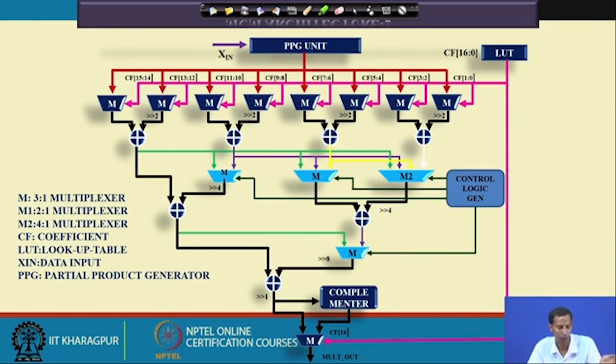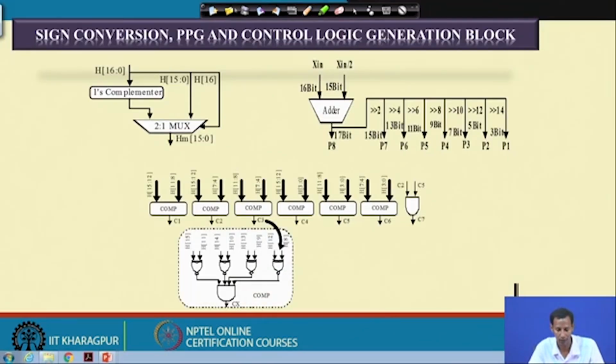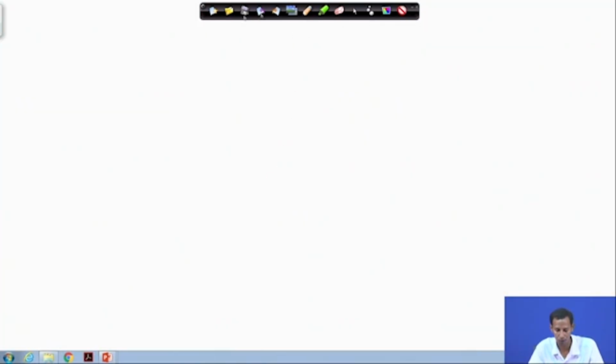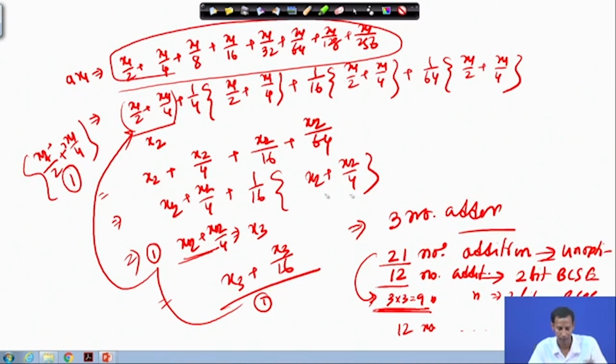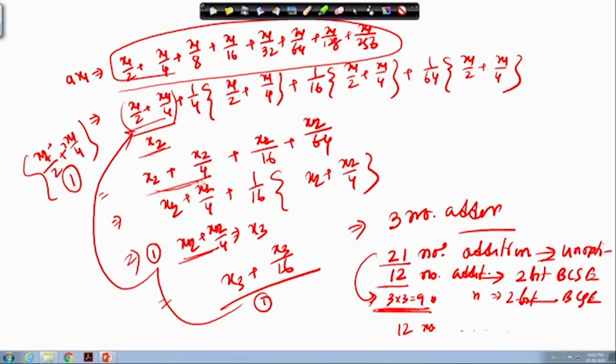What we have seen is that after taking common of this x 1, we get this x 2. Then again we take common of these x 2 terms to get the terms reduced by only 2. When we get the terms common in terms of x 2, then I can come down to these x 3 terms.